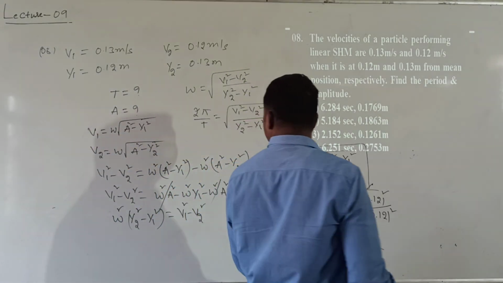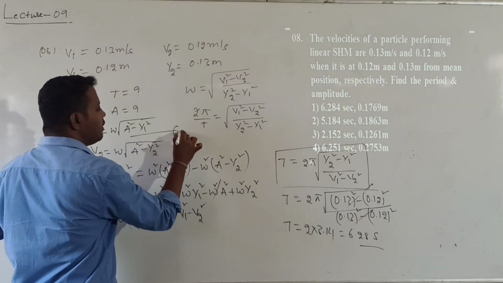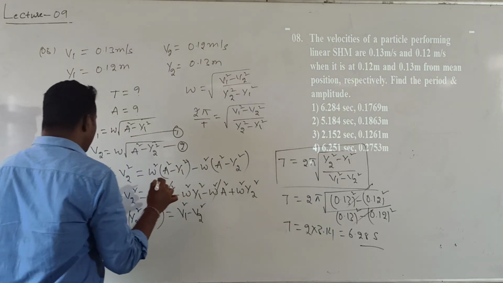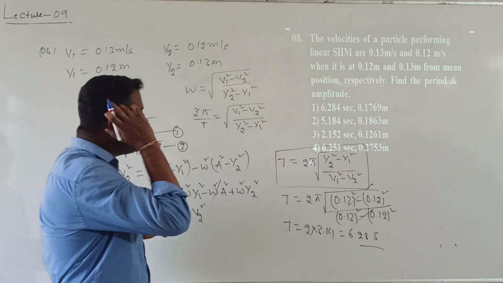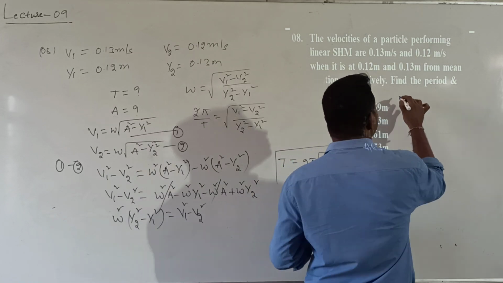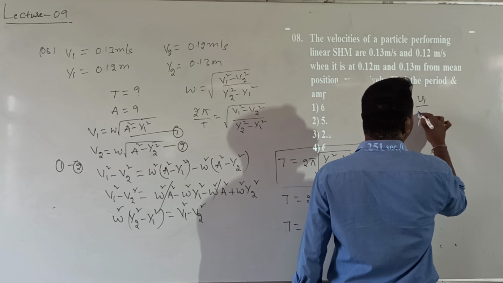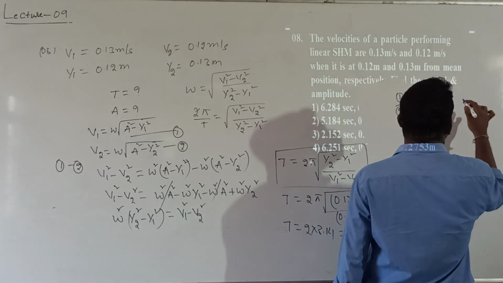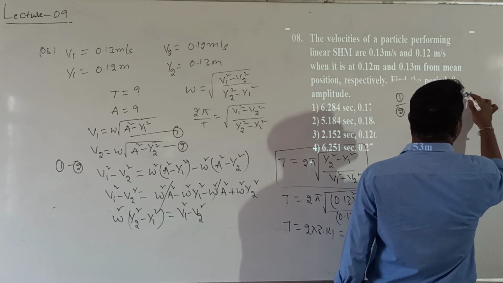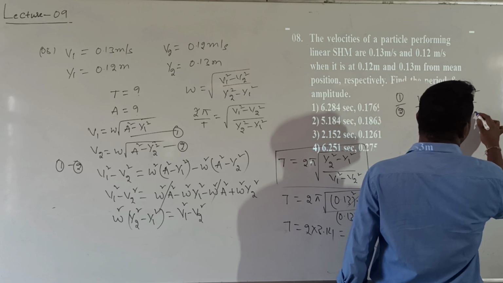Then after this, the amplitude value is to be calculated. These are the given equations; let me call them equation 1 and equation 2. Here what I did was equation 1 minus equation 2. Now to calculate amplitude, divide equation 1 with equation 2. Tell me what I will get? v1 square by v2 square, omega cancels, a square minus y1 square by a square minus y2 square.